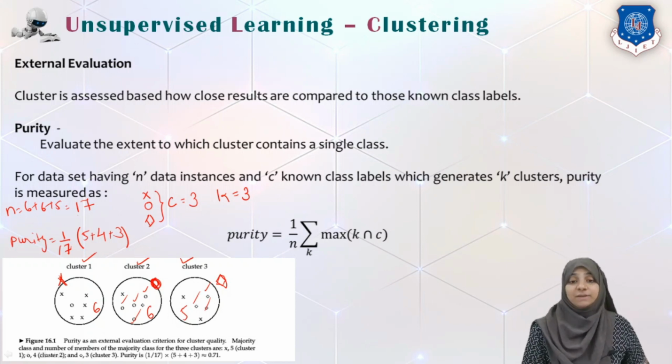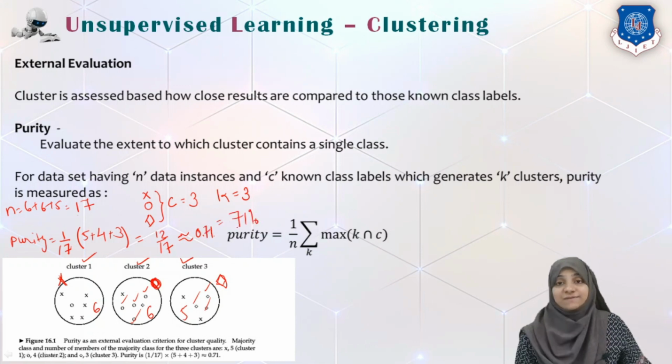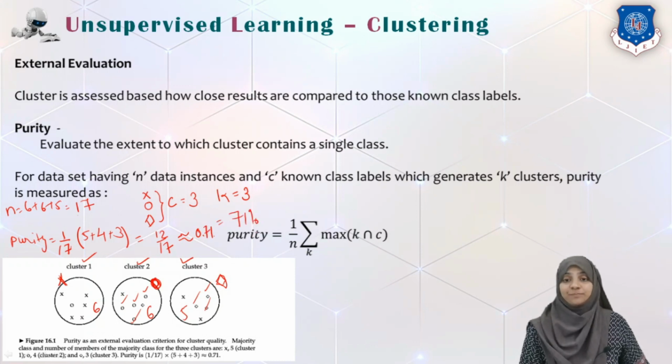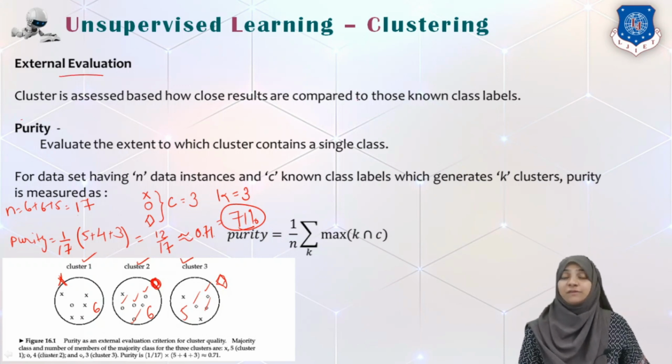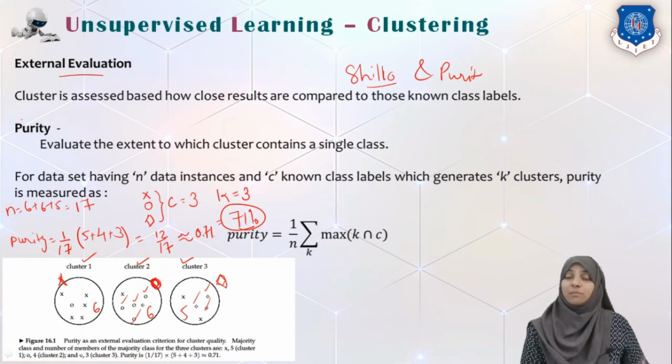So purity will be in this case 5 plus 4, 9 plus 3, 12 divided by 70, which is approximately equal to 0.71. 71% as purity. So this is an external evaluation of a cluster. For comparing any two different clustering algorithms, we would use both Silhouette measure and purity.